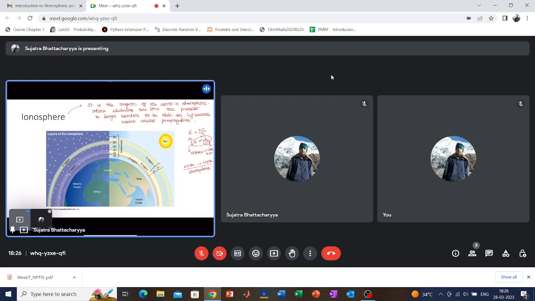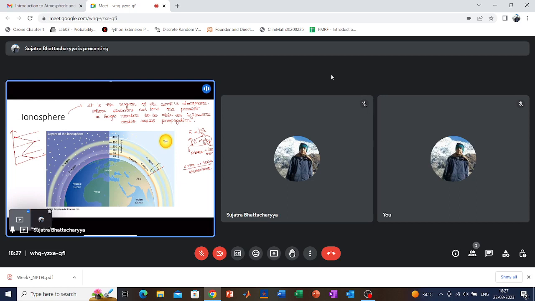Now, if you remember the earlier classes, at the very beginning, we drew the temperature profile of the atmosphere and divided it into certain regions. This is the temperature decrement with height, which is in the troposphere. This is the tropopause, then stratosphere, then stratopause, and this is the mesosphere, which has the lowest temperature.